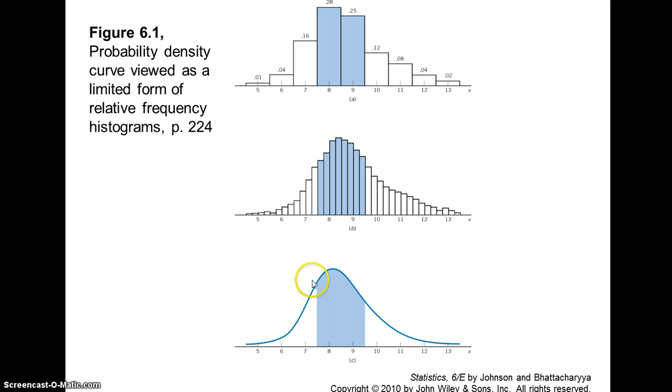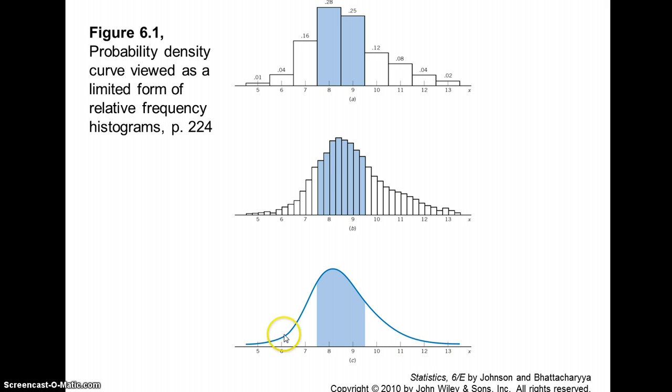Of course, they should still add up to 1. Because we got this curve from the histogram by dividing into more and more intervals, the area under the curve should still be 1. Like adding all these bars, we get 1, and adding all these bars, we get 1. So we should also get 1 here.